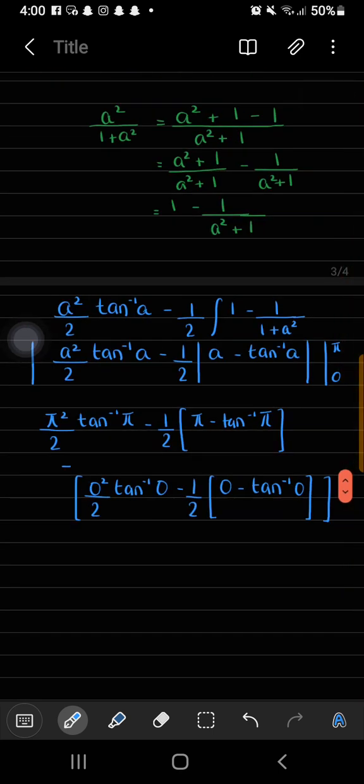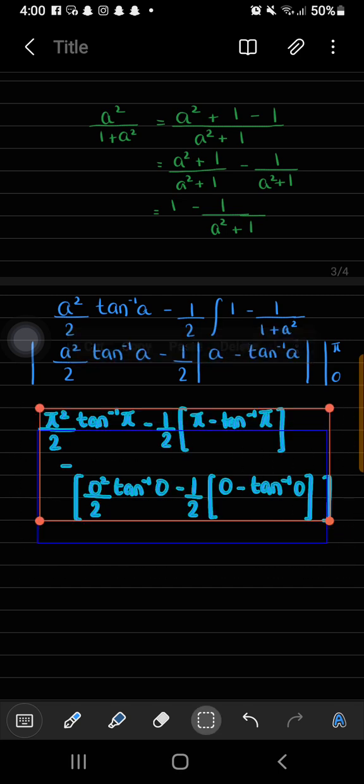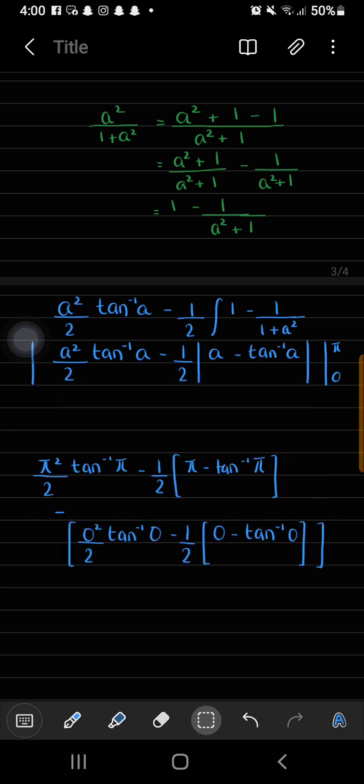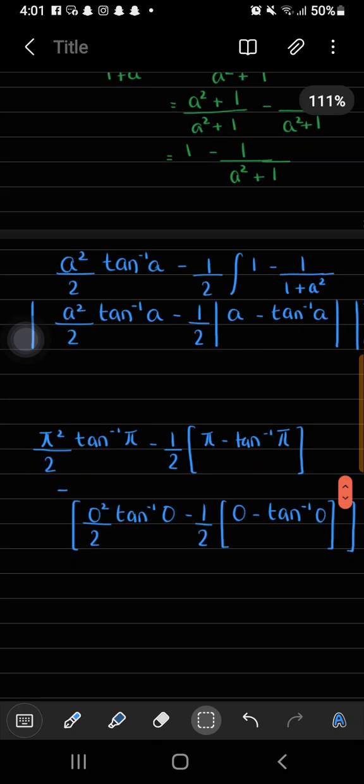I am not asking you to find the exact form, just go with the decimal value. So let's calculate. This will become 0. So pi square upon 2 tan inverse pi minus 1 upon 2 times pi minus tan inverse pi.